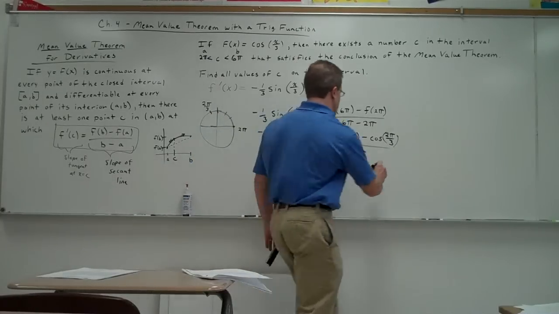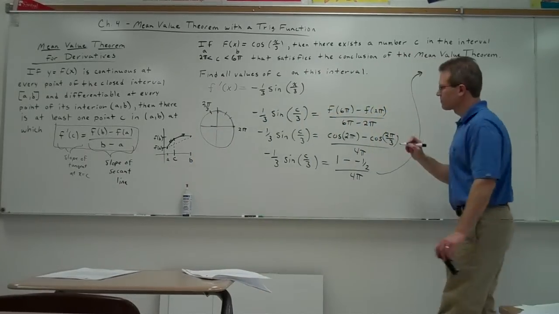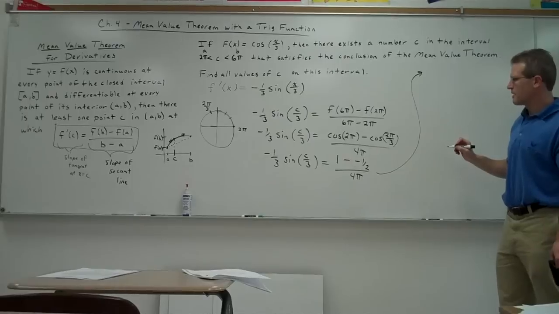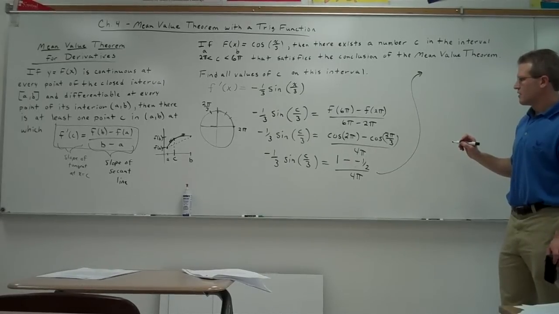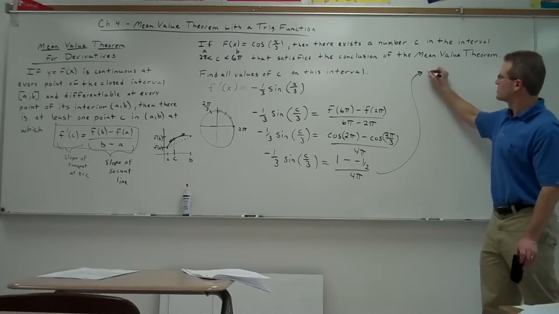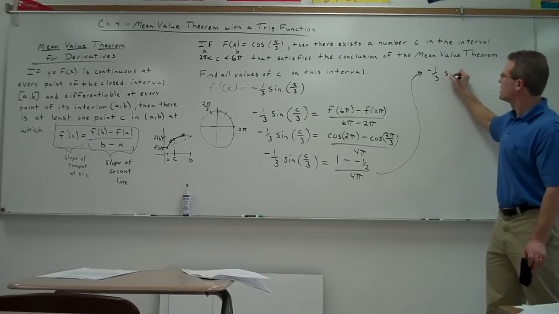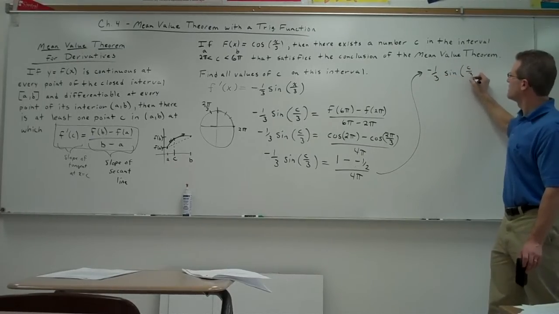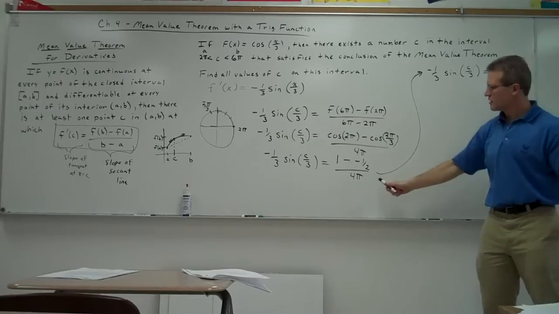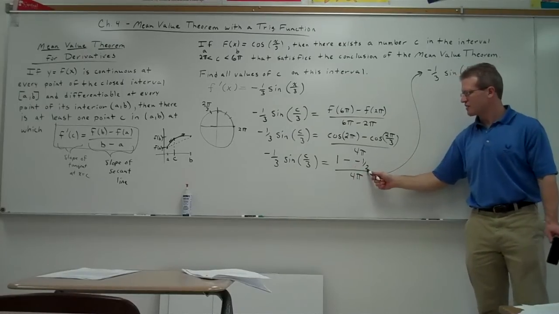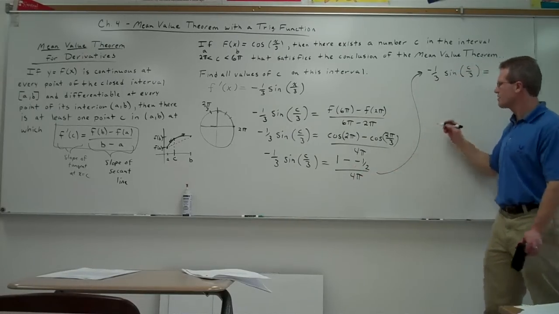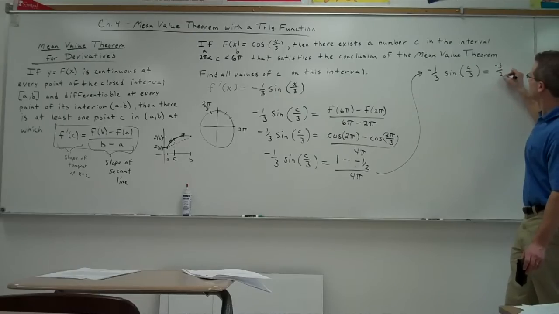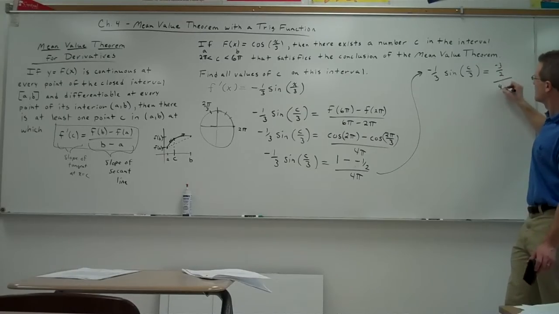All right, let's bring this up so we can see a little better. Let's simplify this a little bit. Negative 1/3 sine of c over 3 equals 1 minus negative 1/2, that's going to be negative 3/2 divided by 4 pi.